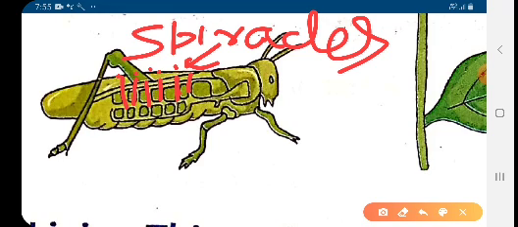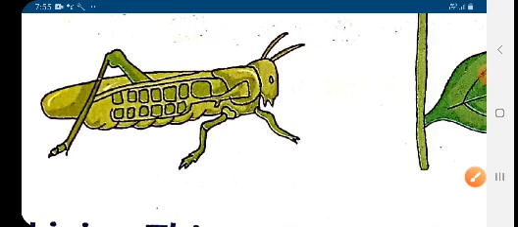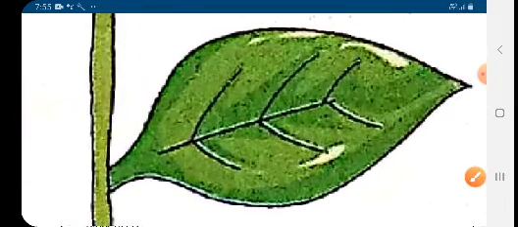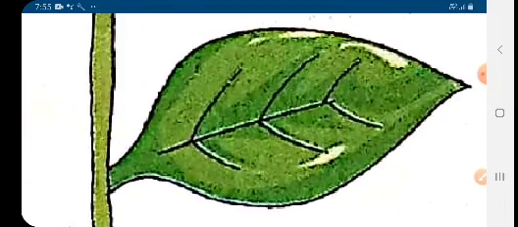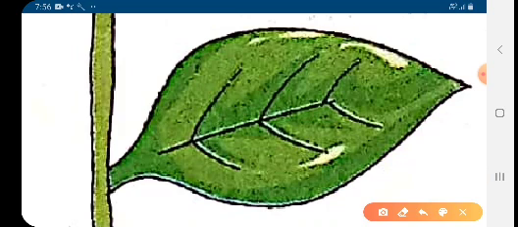Now next we have these leaves. As I told you, children, while telling you about the process of photosynthesis, there are some pores or openings on the lower surface of the leaf.